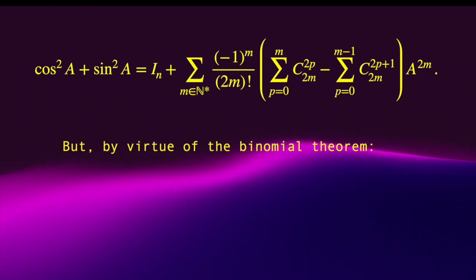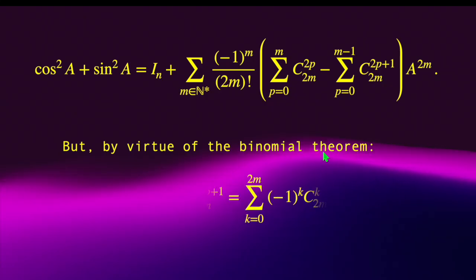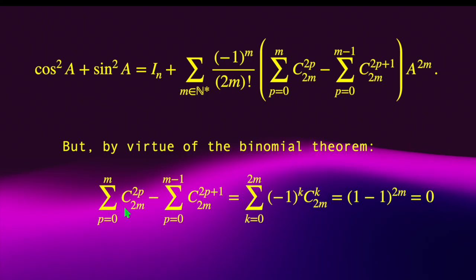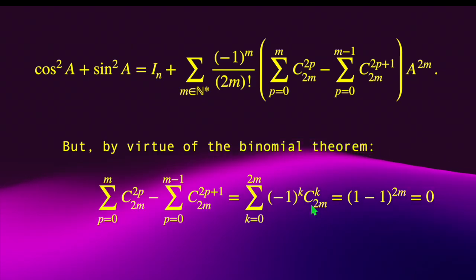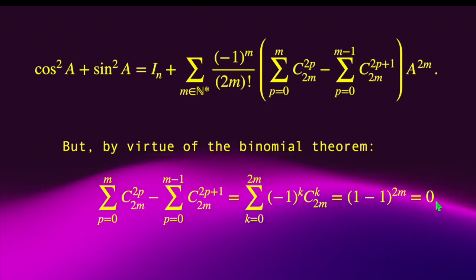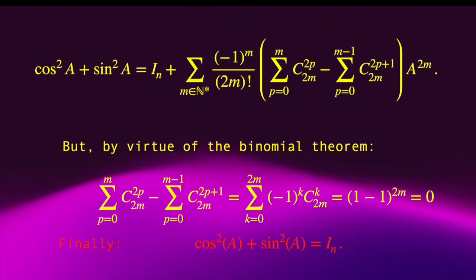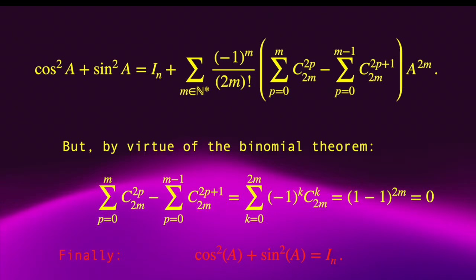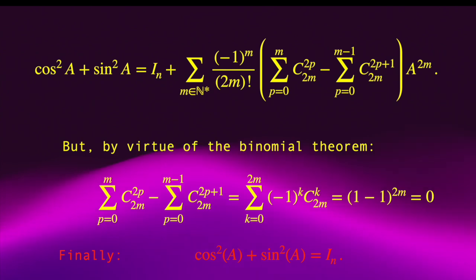So we use the binomial theorem and we get that this quantity is equal to 1 minus 1 power 2m, and this is equal to 0, and we have done. And we have shown that cosine squared A plus sine squared A is equal to the identity.